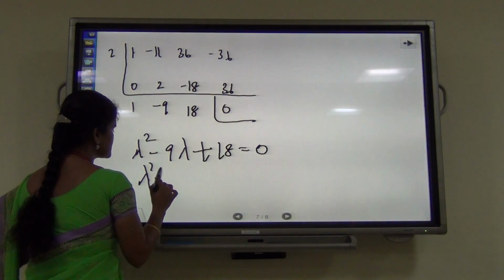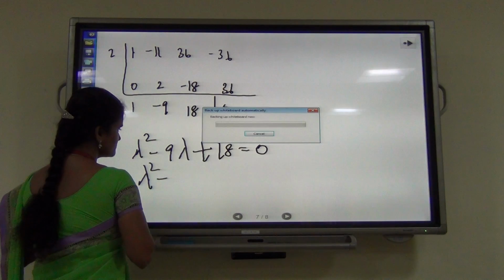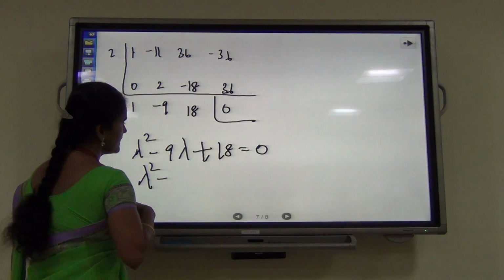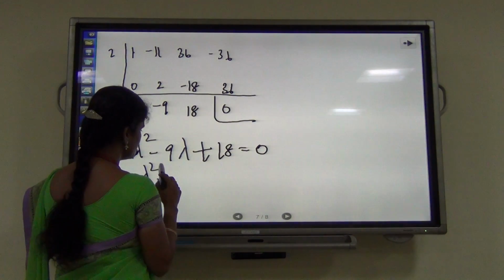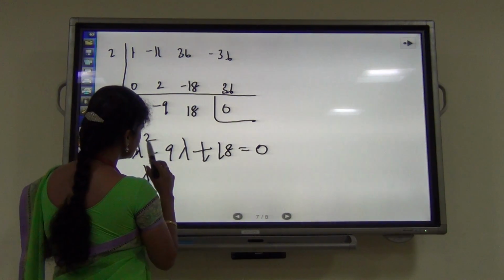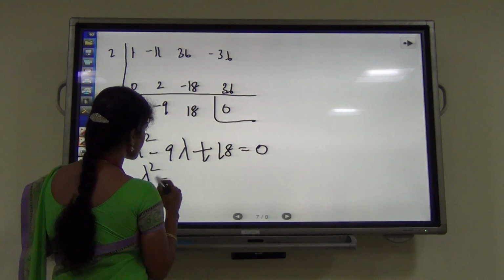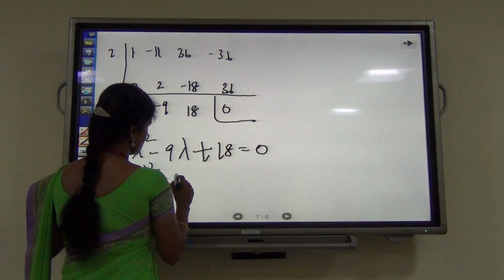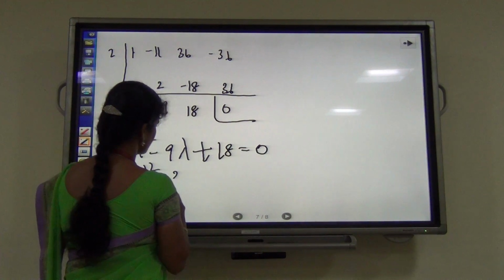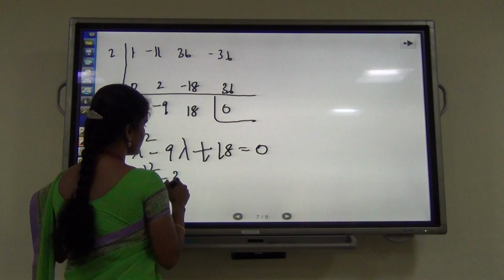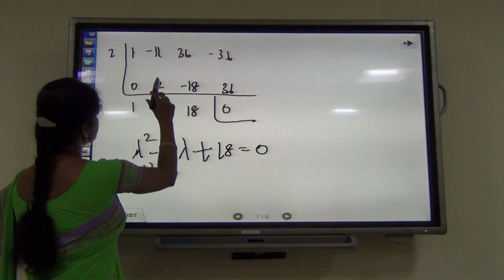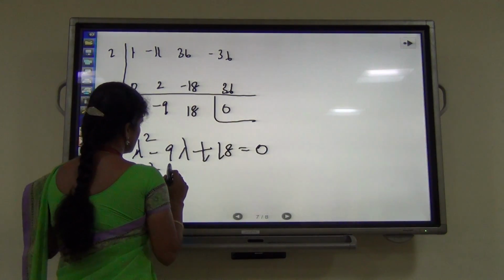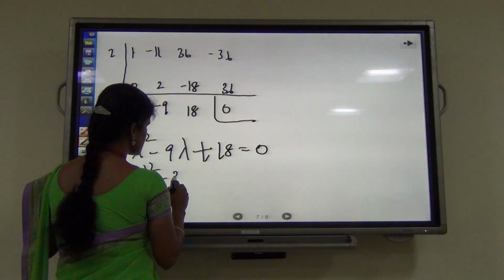You can write minus 9 as minus 3 and minus 6, since minus 3 plus minus 6 is minus 9, and the product is 18. 3 could be the root, so it is minus 3.